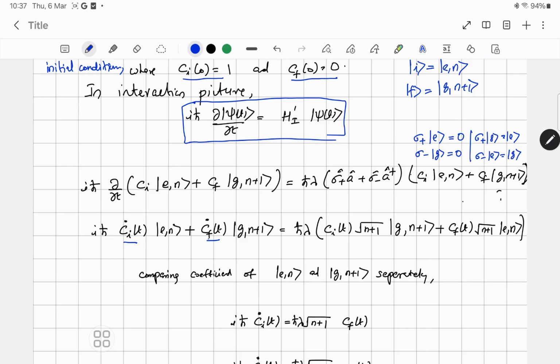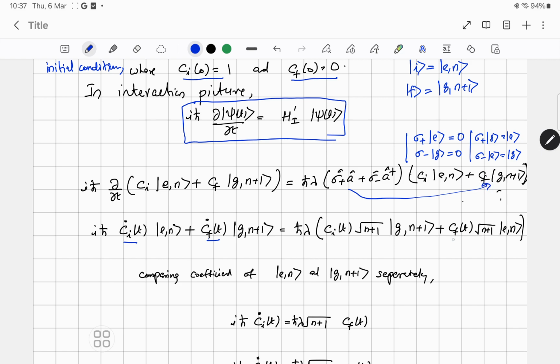So you have to record all these actions of operators. So σ+ a acting on e, n would be 0, whereas σ+ a acting on g, n plus 1 would give e, n.